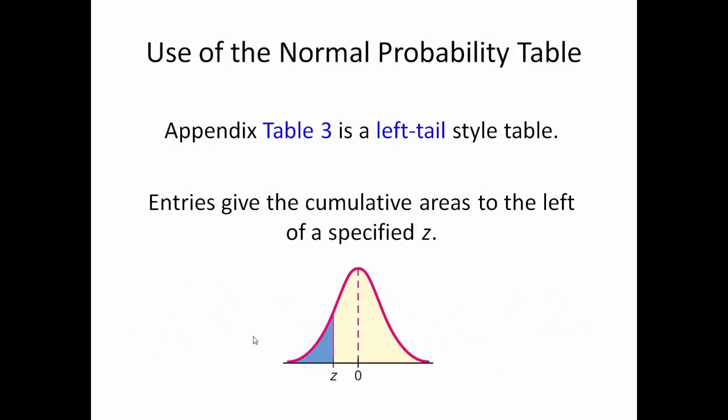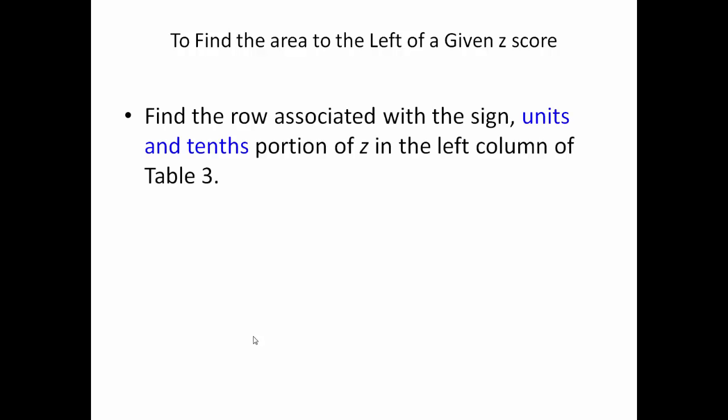As we stated, the normal probability table entries are given to the left of the z value that we come up with. Here is a tutorial to show you how to use the standard normal distribution table.